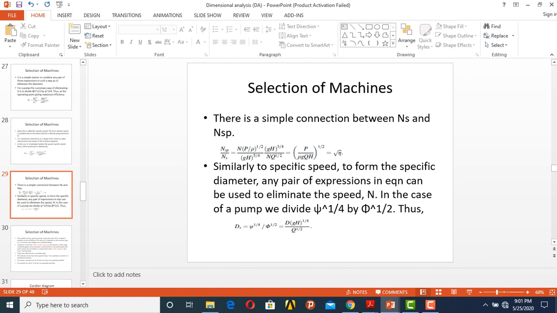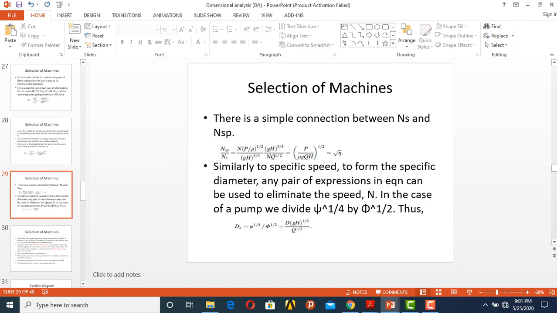So this D, or the specific diameter, implies that machines which have got the same specific diameter, regardless of their size, you can maneuver around, and the same family has got the same specific speed. You can come up with any diameter which will give you the same operation point.